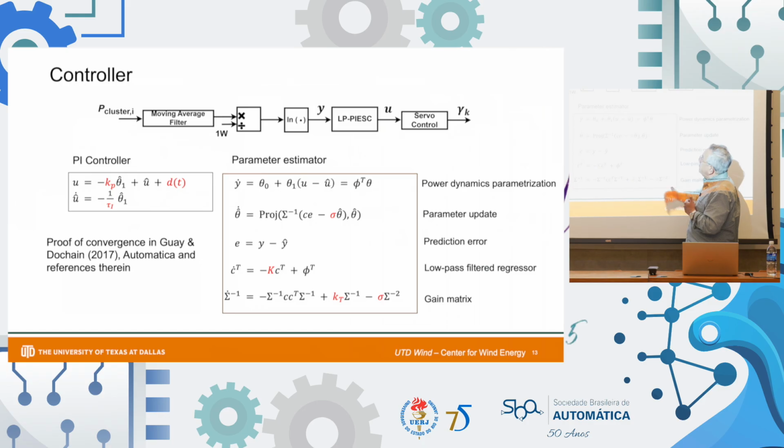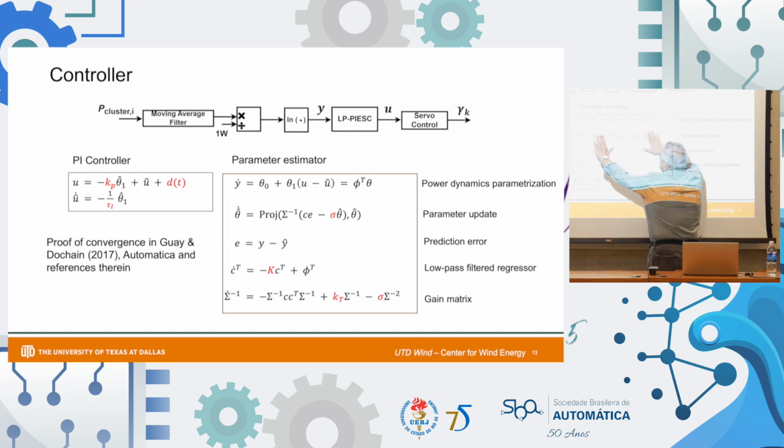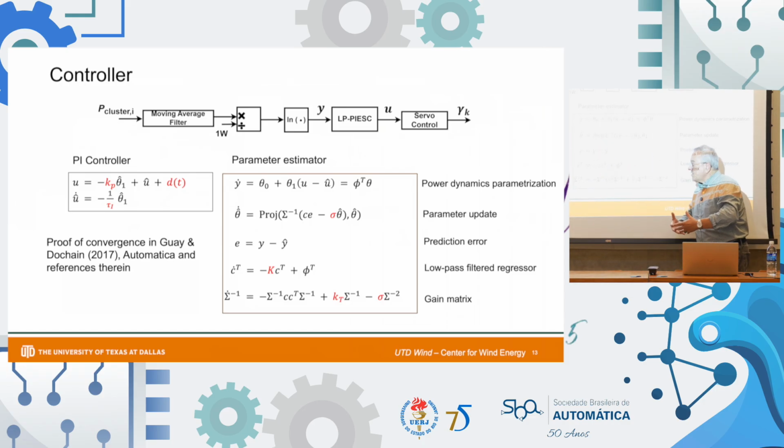That estimation uses a model to predict the rate of change of the power, of the log of power, and then an update equation that is basically an equation from, I would say, system identification or adaptive control with a projection that is required to make these things work.